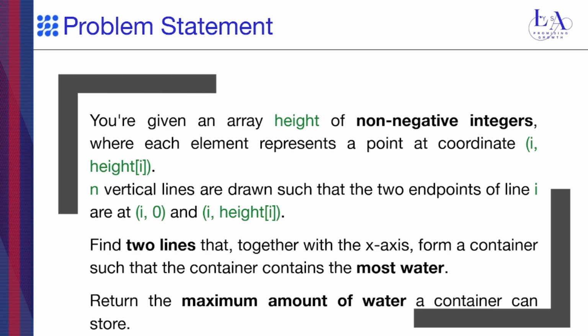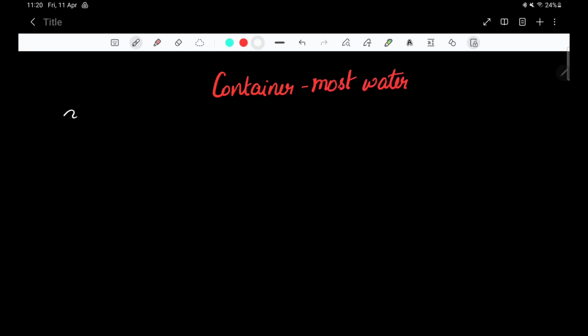First, we will try to understand what the problem statement is. We are given a container in terms of an array, and we have to find the container that can hold the most amount of water. The input for this is an array called height.